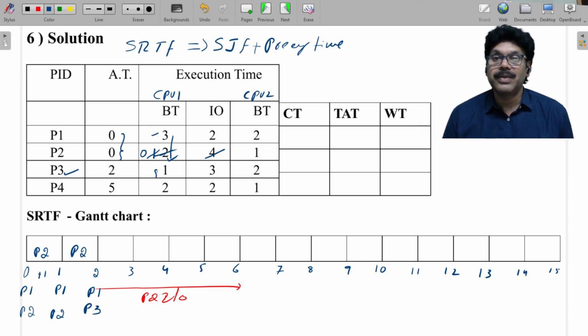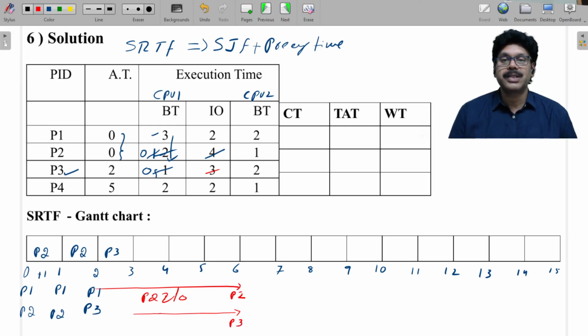Therefore, P3 will be given a chance. So P3 is executed. How many units? Only one needed. P3 is executed and P3 also went for IO. How many units? P3 IO is 3 units only, 1, 2, 3. Exactly. This is P2, this is P3.